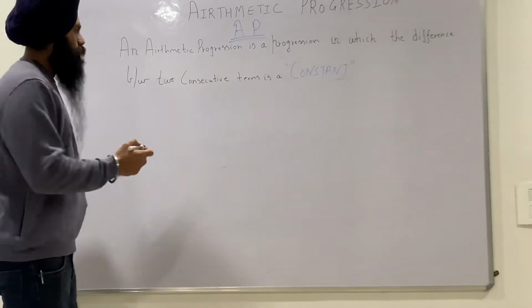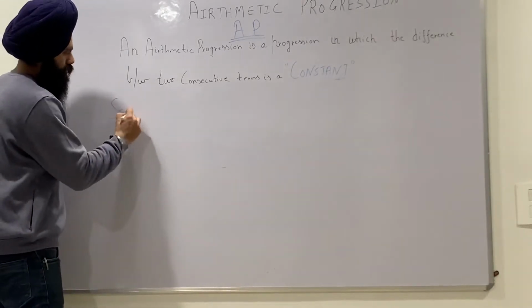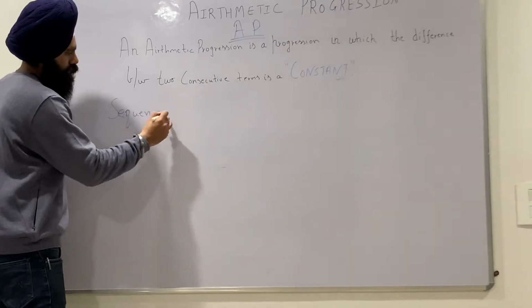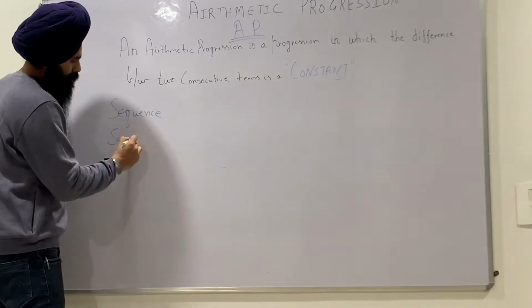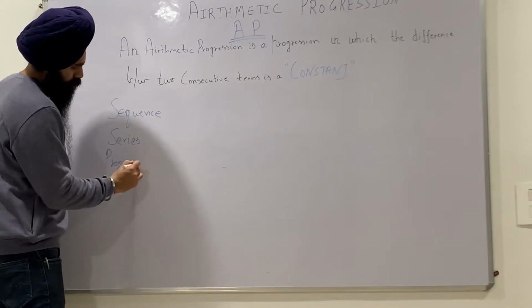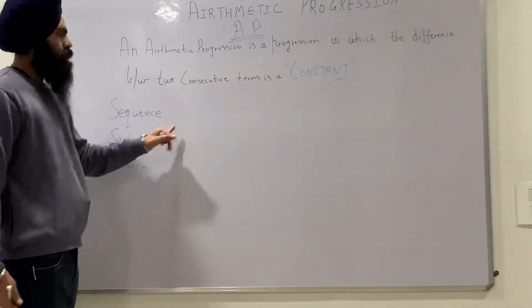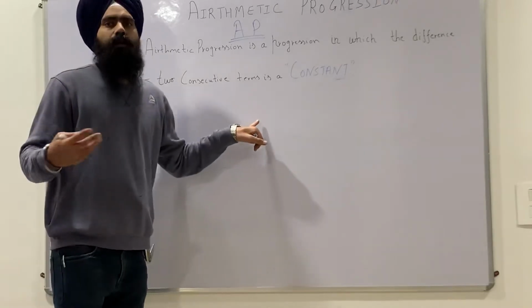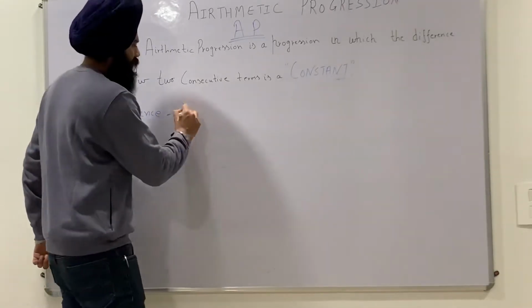Now other terms which we need: sequence, series, and progression. Sequence: a sequence of a finite or infinite number of terms. What is finite?